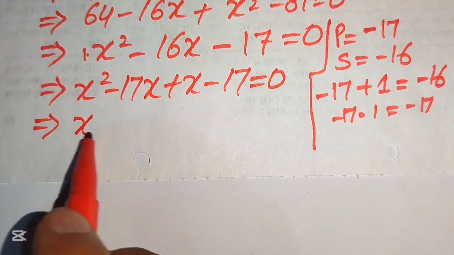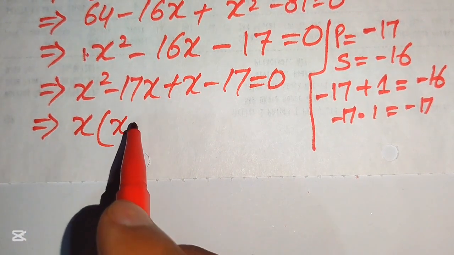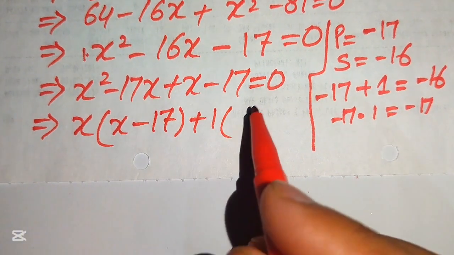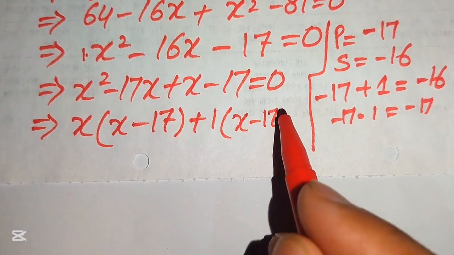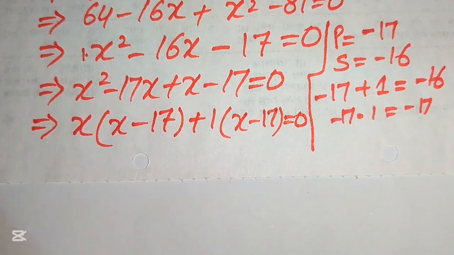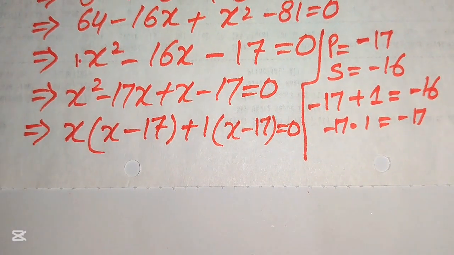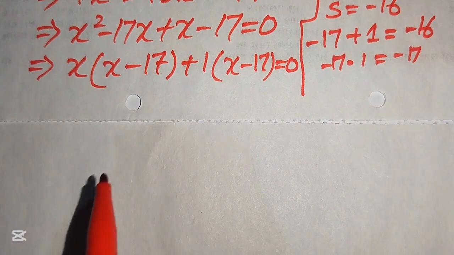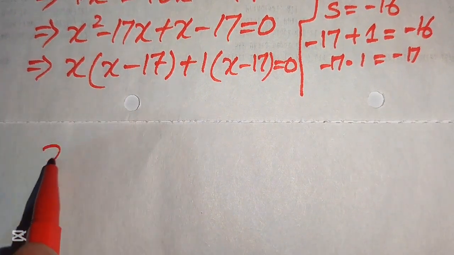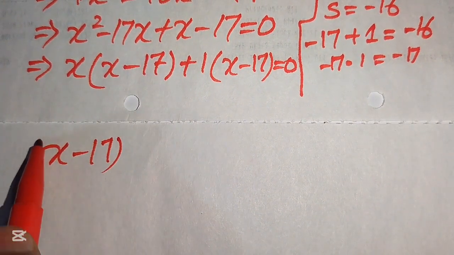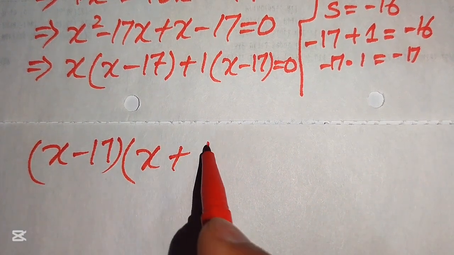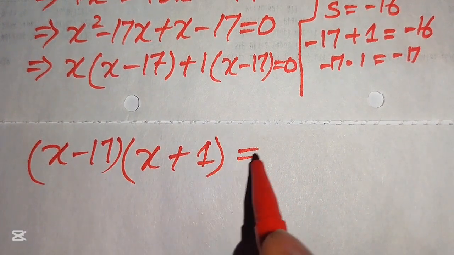Here we take common x from the first two terms, and it will be written as x minus 17, and here we take common 1 and we get x minus 17, and this whole equation equals to 0. And now in the next step, you see here x minus 17 is the common term, so we take common x minus 17, and the remaining values are x plus 1, and this whole equation is equals to 0.